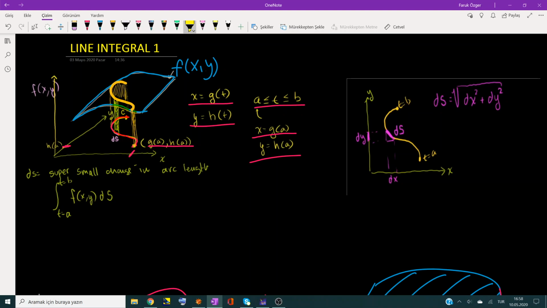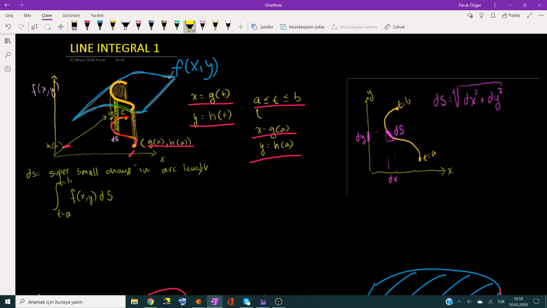You have a surface, a wall, or a fence, and you want to compute the area of this fence or this wall. So how can we figure out the area of this curvy looking wall? It is the idea behind the line integral.